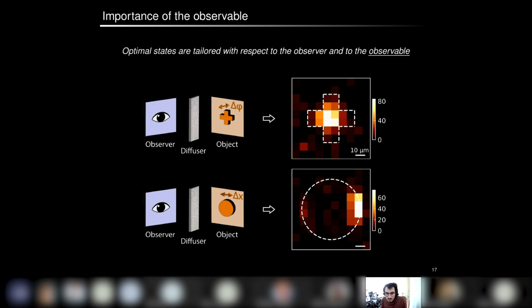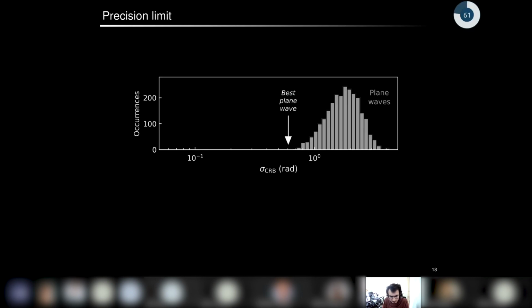Okay. Now let's see in practice what are the advantages of this wave. To really illustrate it, what we did is we strongly reduced the number of input photons down to 25,000 photons in order to be strongly shot noise limited.